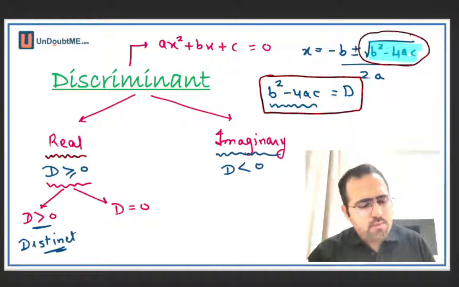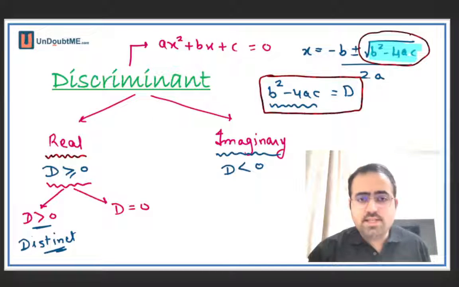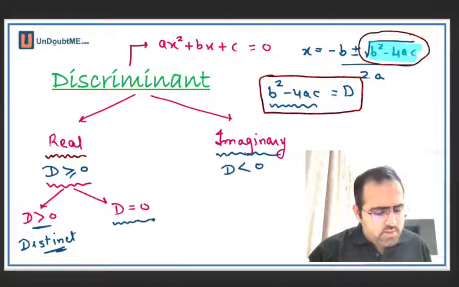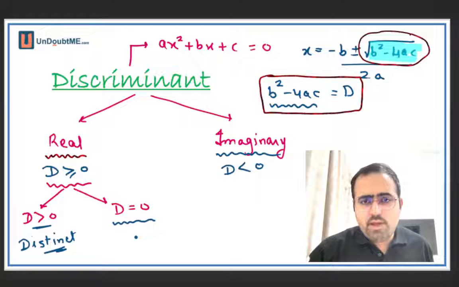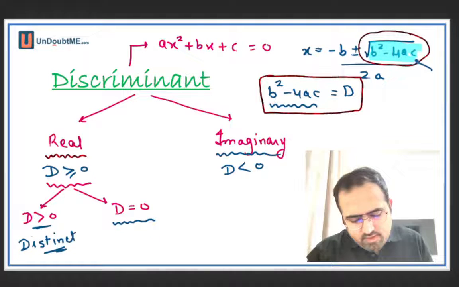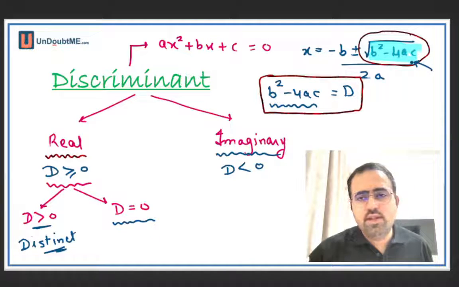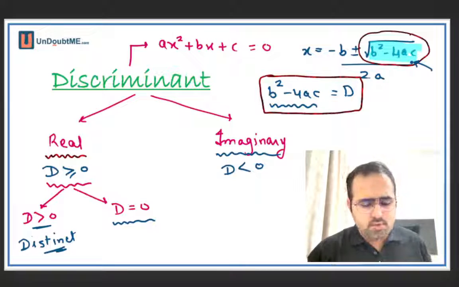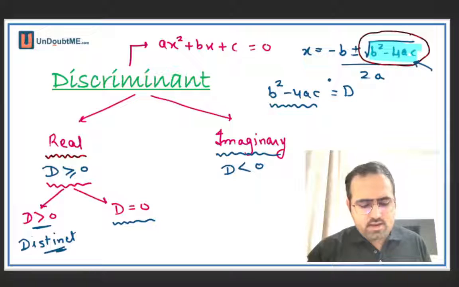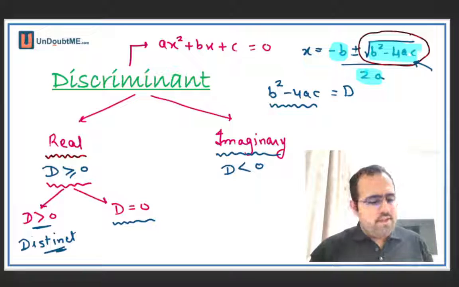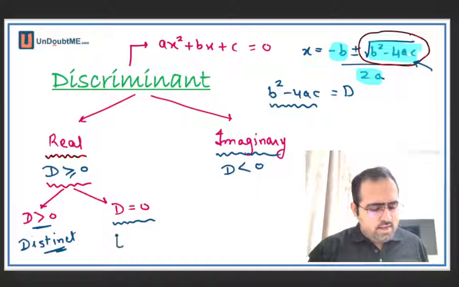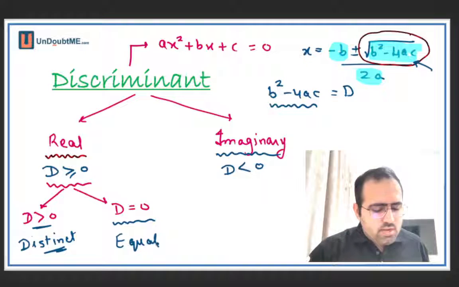Coming to the next case, where d is equal to 0. If you make the square root term equal to 0, then the only value of x will be minus b upon 2a. You can look at the formula and easily understand that. So the only value will be minus b upon 2a, which means the quadratic equation has equal roots.